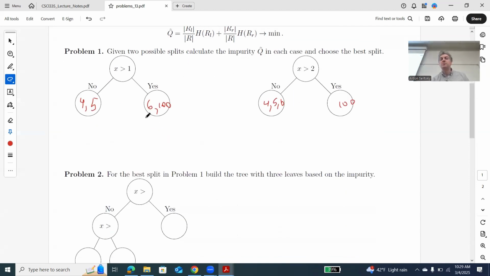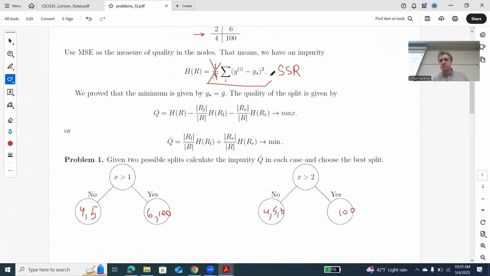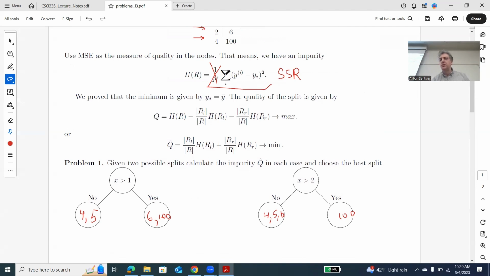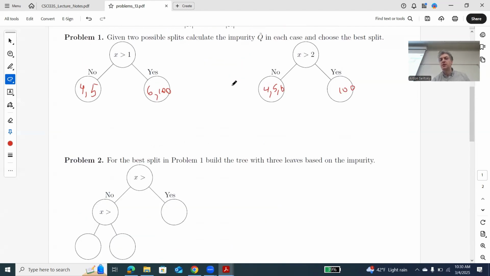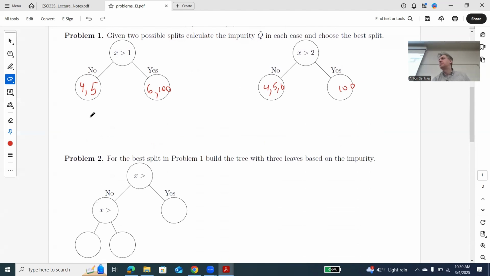And actually, I will explain later why, if we use this loss function, the prediction in the leaf will be the average. So what will be the prediction in my leaf with values 4 and 5?